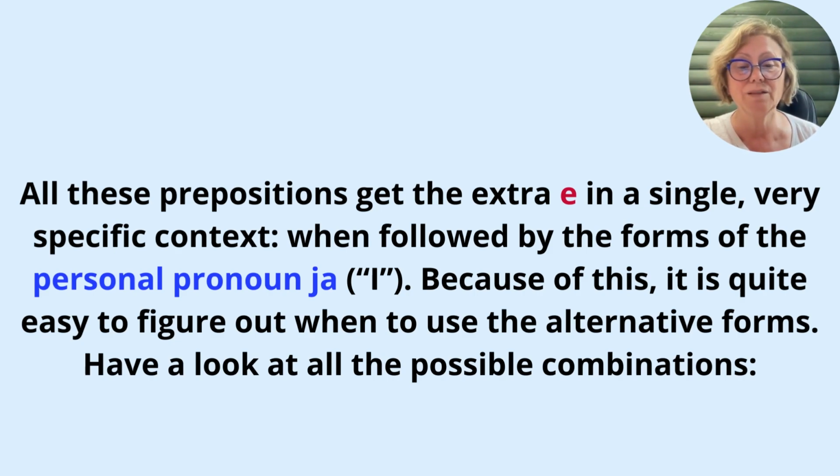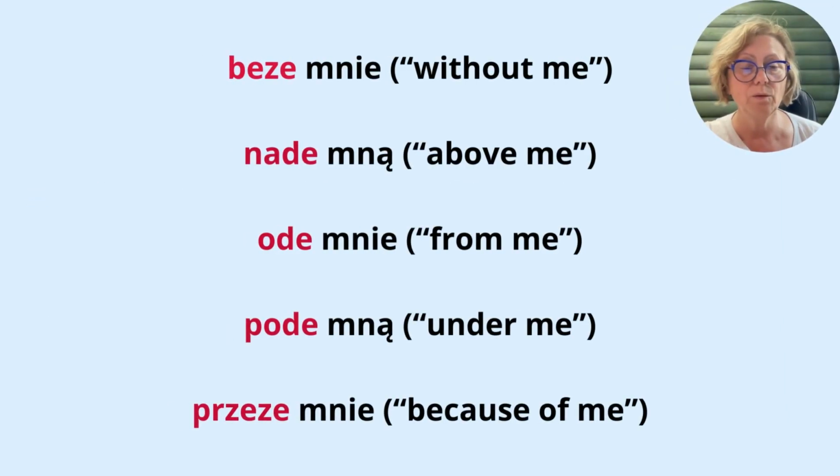Have a look at all the possible combinations. Beze mnie, without me. Nade mną, above me. Ode mnie, from me. Pode mną, under me. Przeze mnie, because of me.